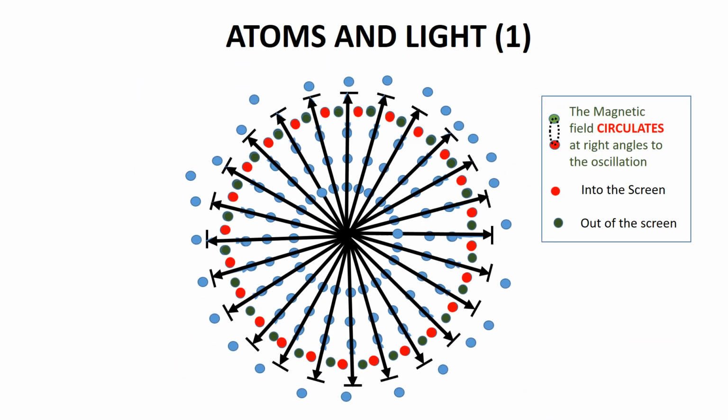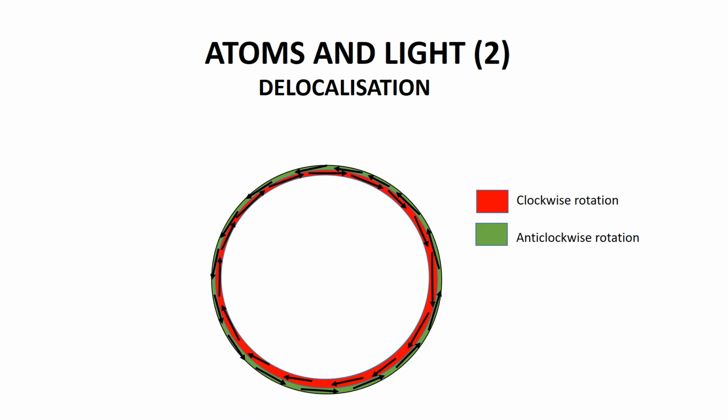We saw earlier that every oscillating electric quantum comes with its own circulating magnetic field, and in this diagram we have again added in the circulations in the outer shell of an atom. These small circulatory patterns work together to make large circulatory patterns.